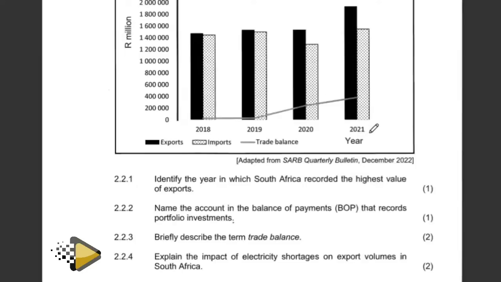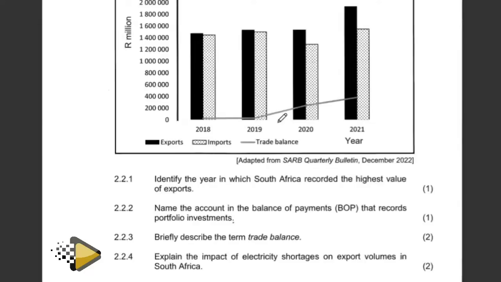Up until 2021. As well, if you check the behavior of the graph, it is actually constant from 2018 to 2019. It means that there's no change. The volume of exports and the volume of imports for the years 2018 and 2019 have been the same.